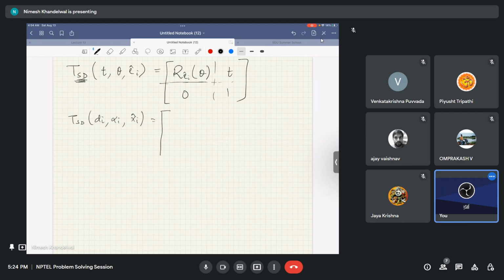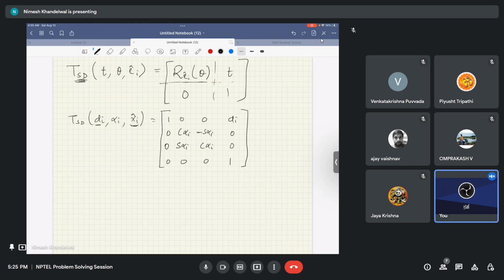Since it is along xi, we know that the rotation part will be like this, where c alpha and s alpha are just replacements for cos alpha and sin alpha respectively. And then along the same xi, I went di, and then the homogeneous part.